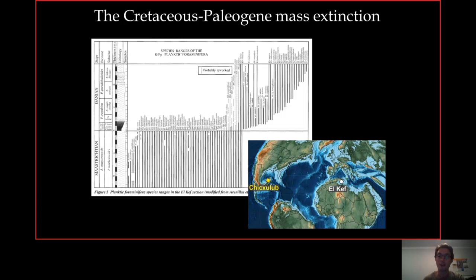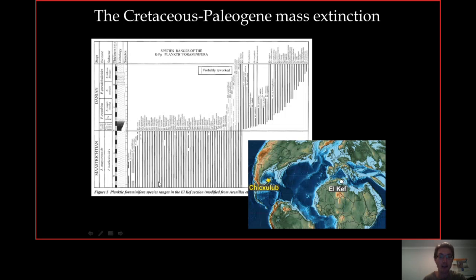So every time a scientist or geologist wants to study this very popular mass extinction, they have to come and check if their theory can be verified on that particular stratigraphic section in Africa. It's located in El Kef in Tunisia.